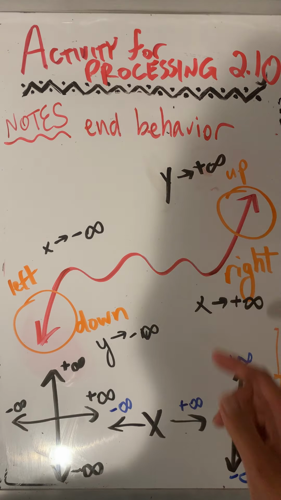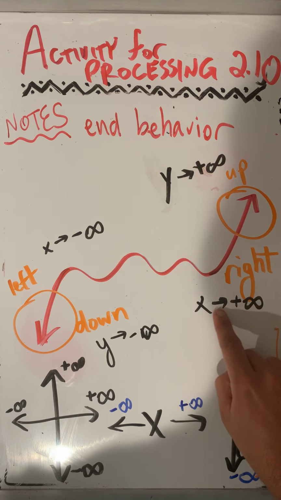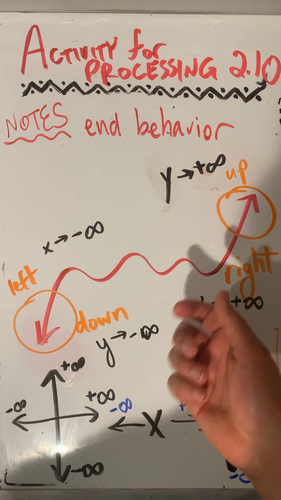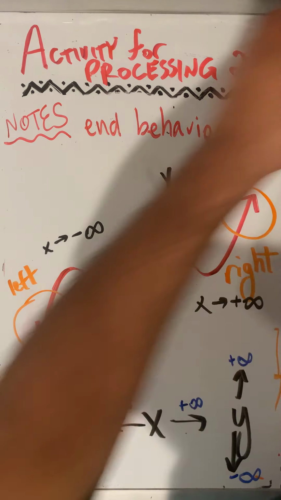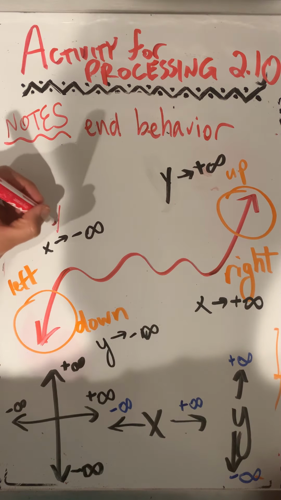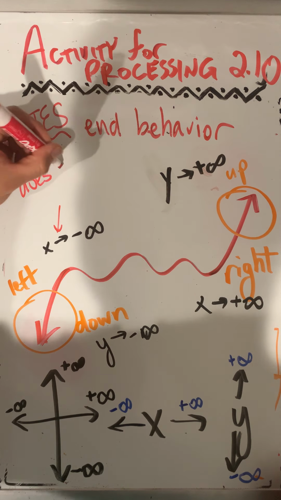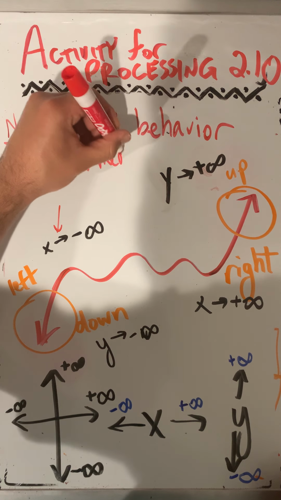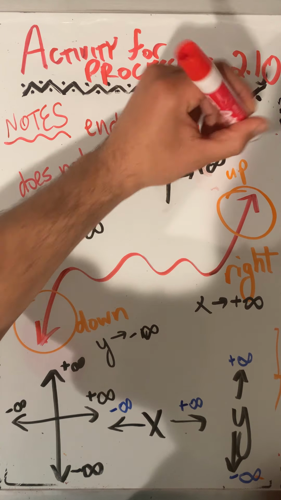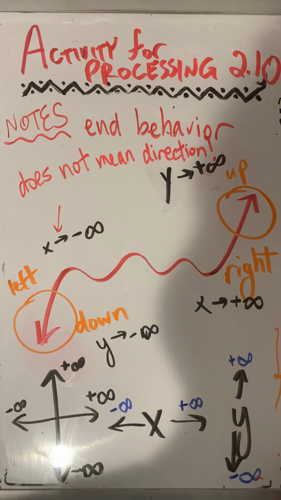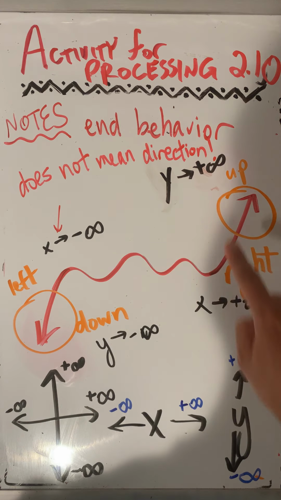What trips my students up is that the arrow is always pointing rightward, but it doesn't say that's where the graph is going. You read it saying, as Y approaches. So the arrow does not mean direction. That's a big deal. Otherwise, all of these would be pointing to the right.